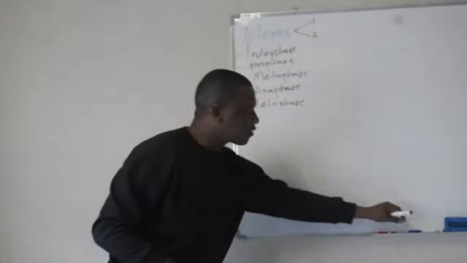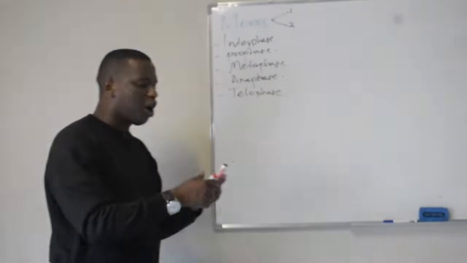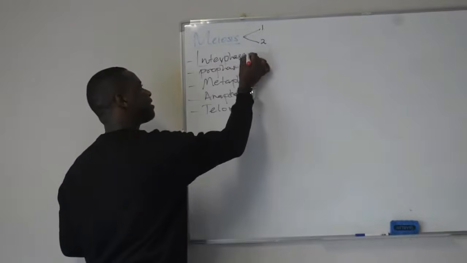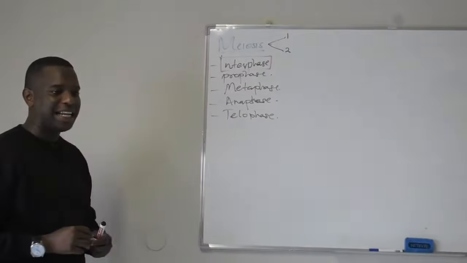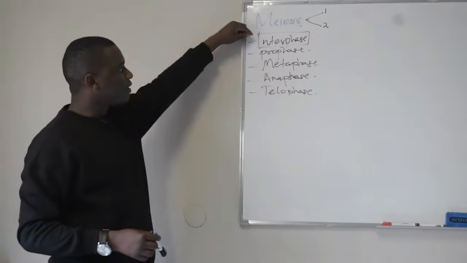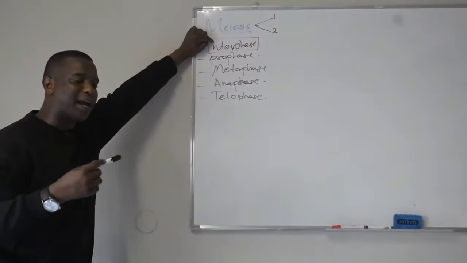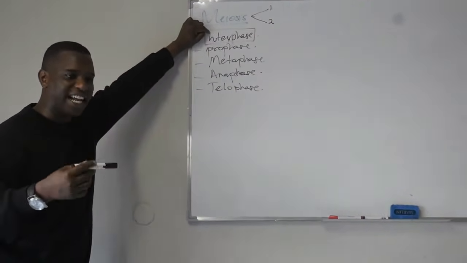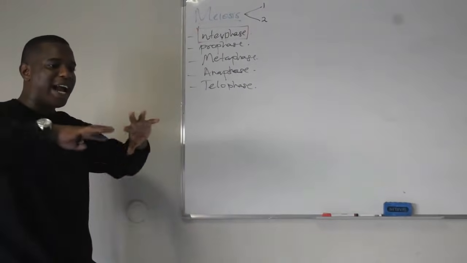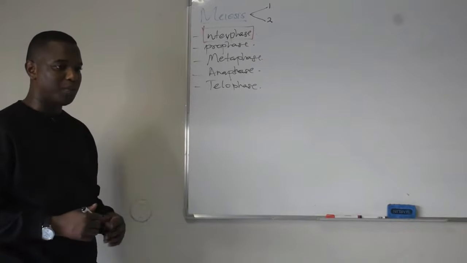Right, but I'm sure you have an idea that interphase is not regarded as a phase on its own. Why? Because in interphase, this is where we get a process which is called DNA replication, whereby the chromatin network condenses and unwinds to form chromosomes.